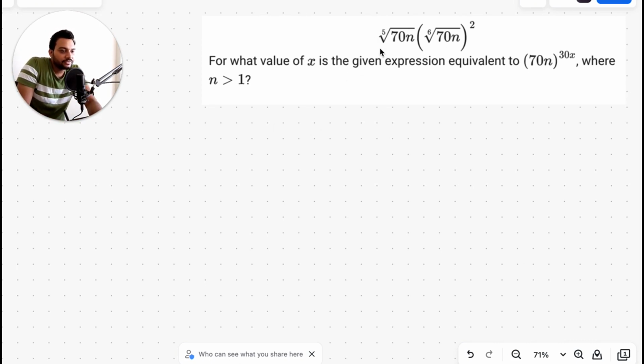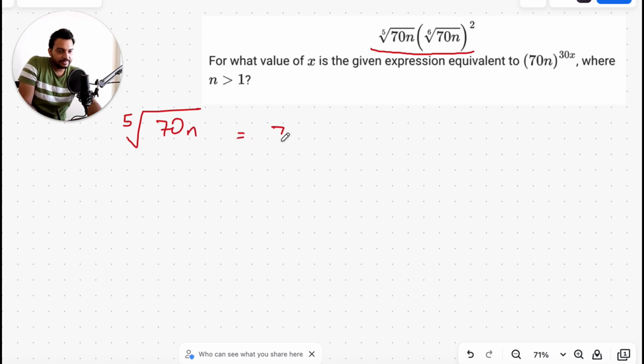In this question, we have the fifth root of 70n multiplied by the sixth root of 70n squared. For what value of x is the given expression equivalent to 70n raised to the power 30x, where n is greater than 1? So the first part is the fifth root of 70n.